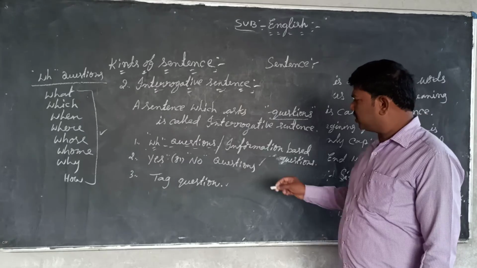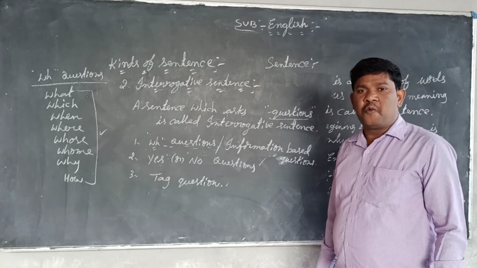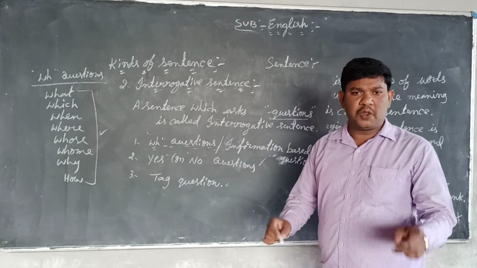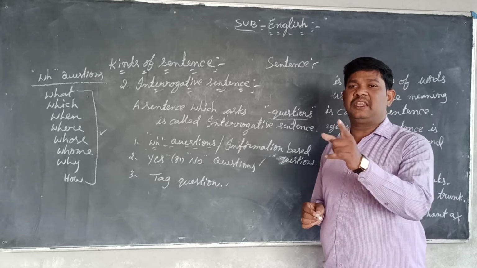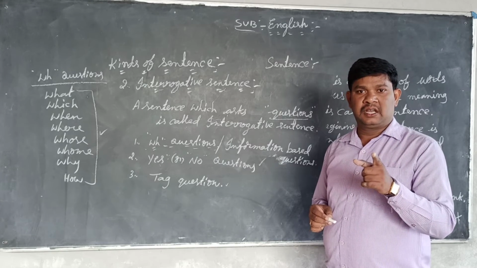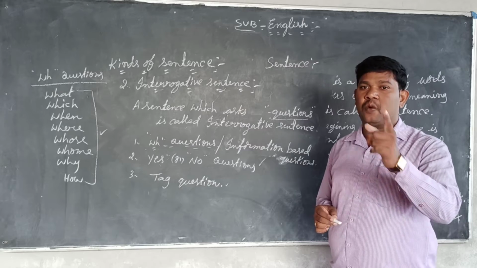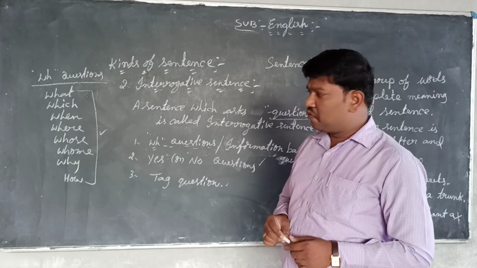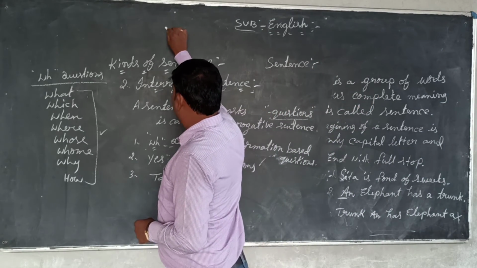Why do we call WH questions information based questions? Because when you ask questions with WH words, the answer must be information. That's why we call them information based questions. For example, suppose anyone asked, what is your name?